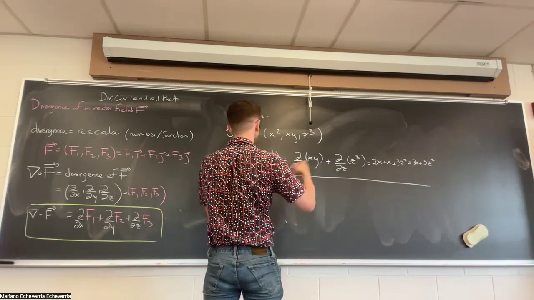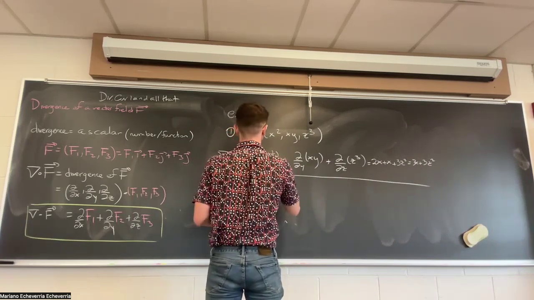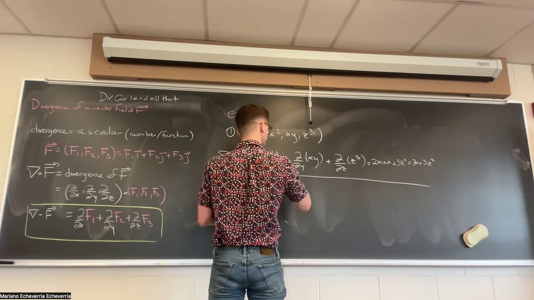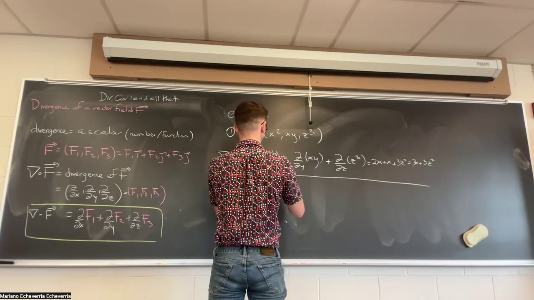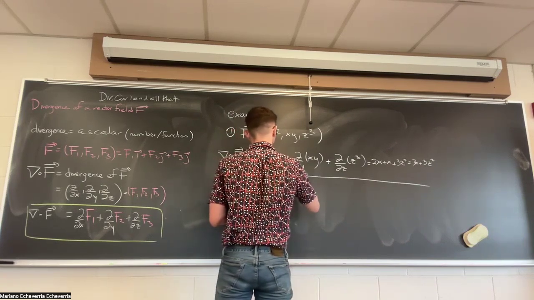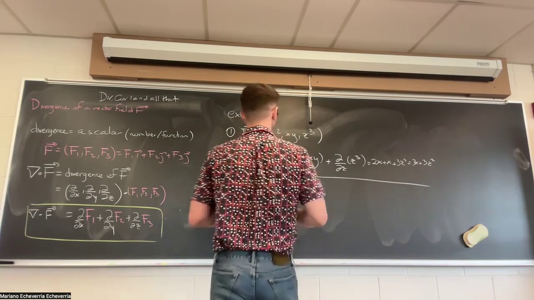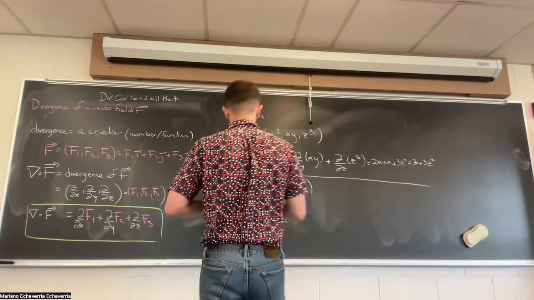So that is an example. Here's another one. It can also come out to be an actual single number, so you could have something like negative y, x, z. If you take something like that, what is the divergence of this vector?